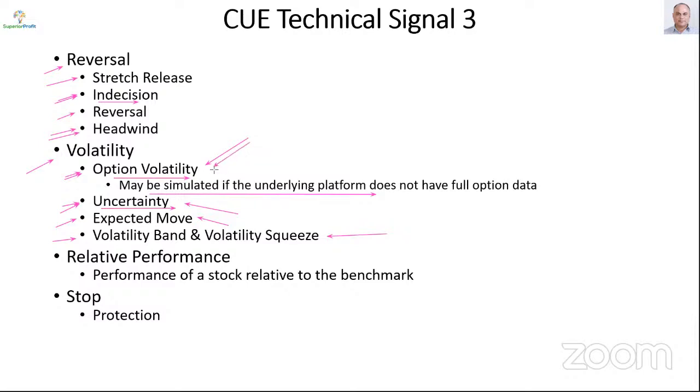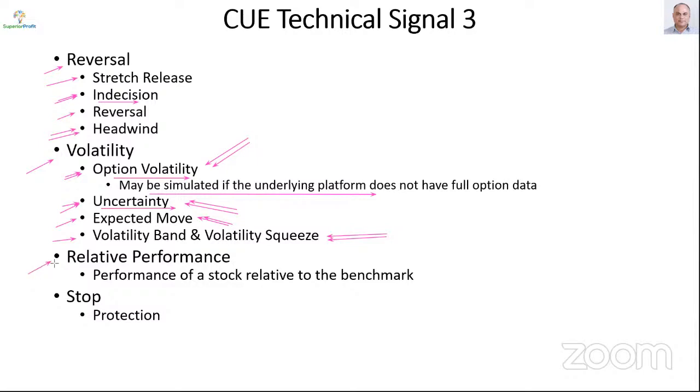Option volatility is simulated, uncertainty is simulated in Q Global, and expected move is not there in Q Global. All of them are there in Q Elite. That's TradeStation based, and TradeStation is of course a brokerage which provides detailed option data. And volatility band and volatility squeeze are based on volatility but not on option pricing, so they are available both on Q Global and Q Elite.